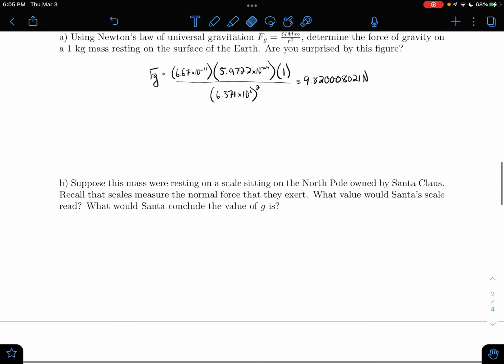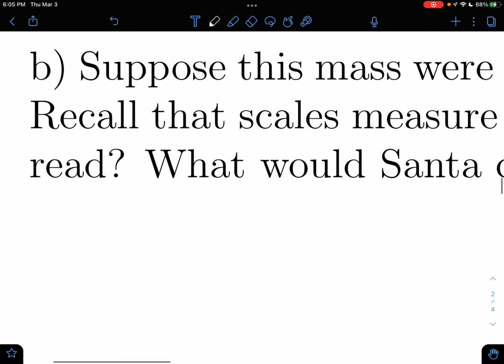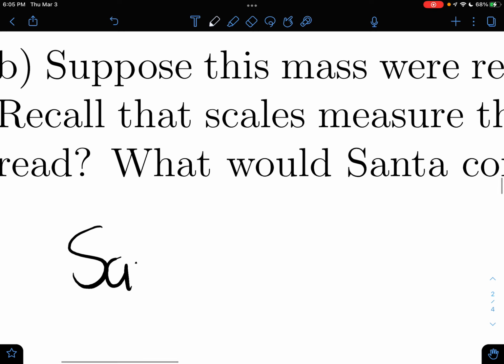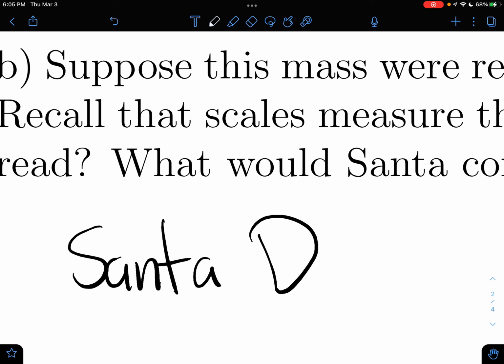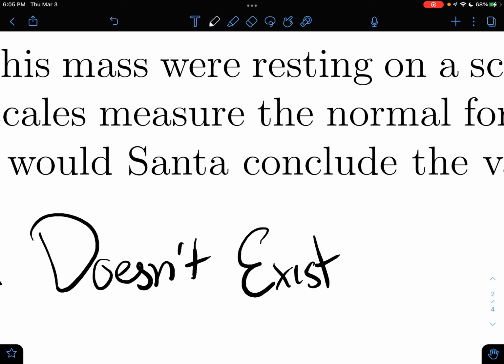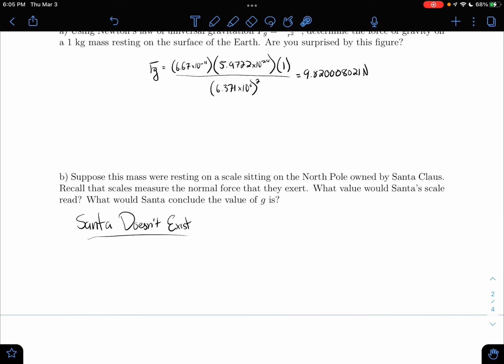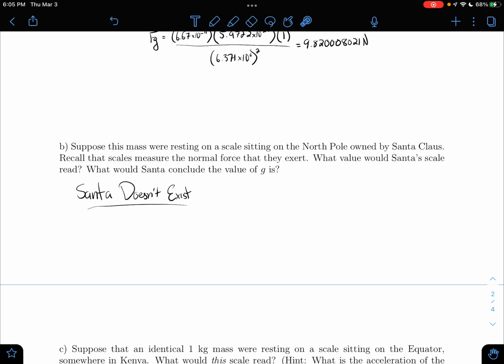And now we're looking at the scale at the North Pole, sitting with Santa Claus. The scale measures the normal force being exerted. What would the scale read?